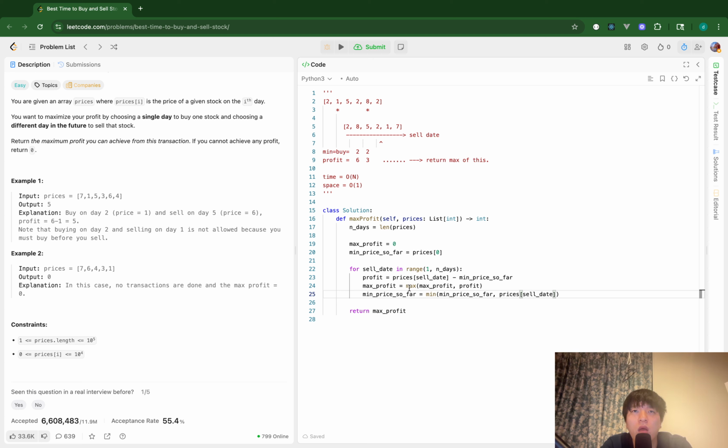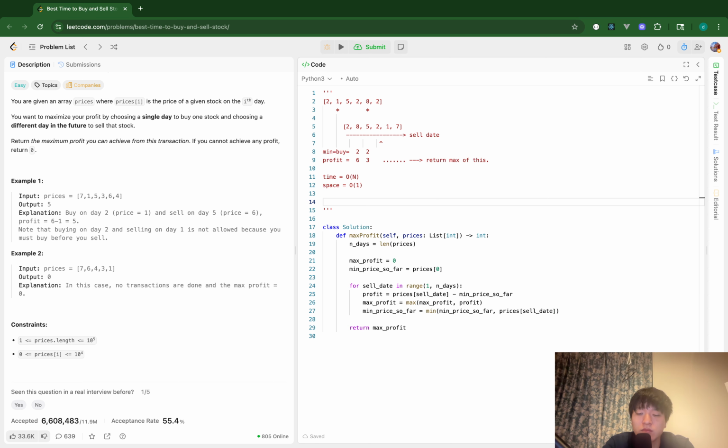So let me work through my code with some example. Let me do a very simple example like this. Okay. Yep. In this case, end days should be 3, and max profit begins with 0, and min price so far begins with 2.